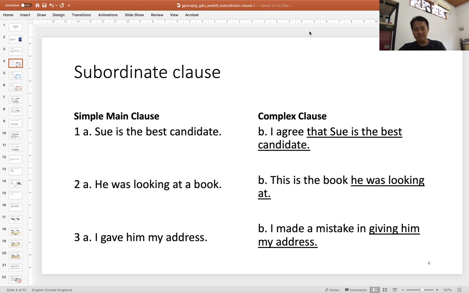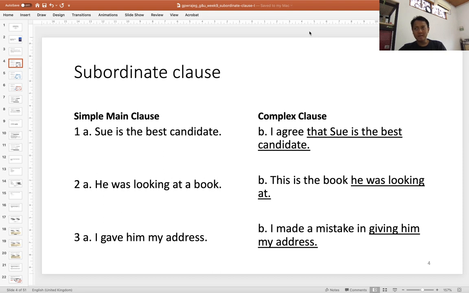And in the third example, I gave him my address. That's a simple main clause: subject I, predicate gave, and two objects pattern. But in 3b, I made a mistake in giving him my address. In giving him my address is not a main clause, it is a subordinate clause, and it is embedded as a complement of the preposition in.